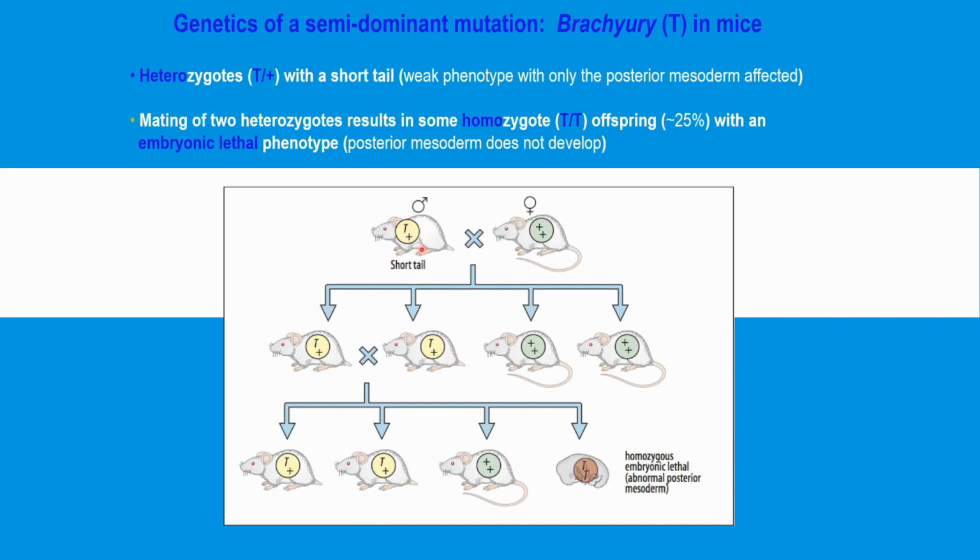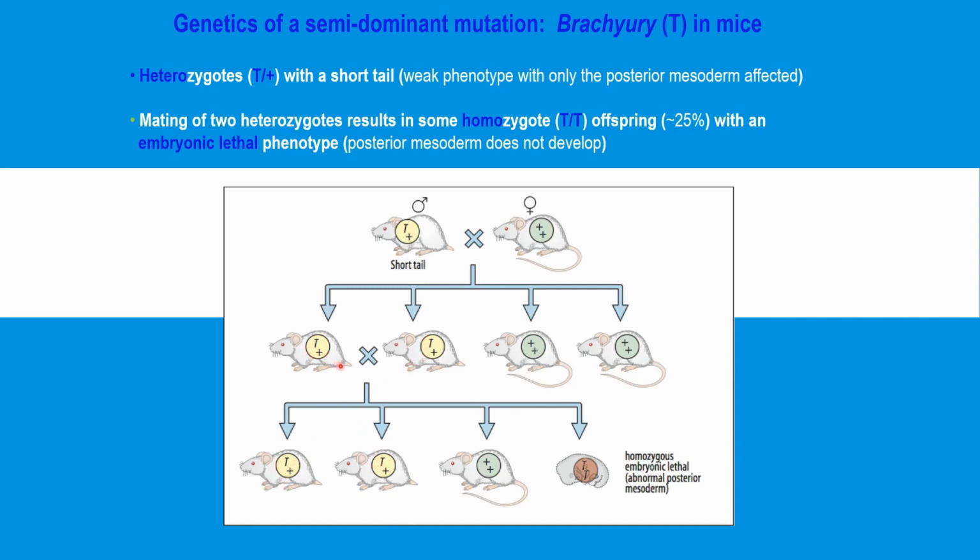If we want to see the effect of this recessive gene, we need to cross the heterozygotes to recover a homozygote for brachyury. So again, the brachyury mutant gene indicated by the T can pair with either of the chromosomes from the sibling, and this will give heterozygotes.